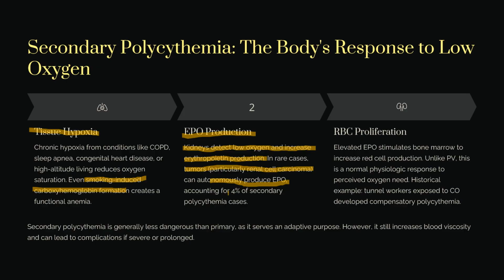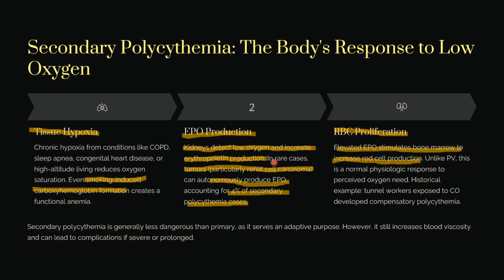This accounts for 4% of secondary polycythemia cases. Next, RBC proliferation. Elevated EPO stimulates the bone marrow to increase red cell production. So RBC proliferation is the result and EPO production is the reason.